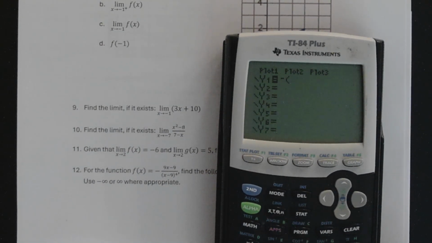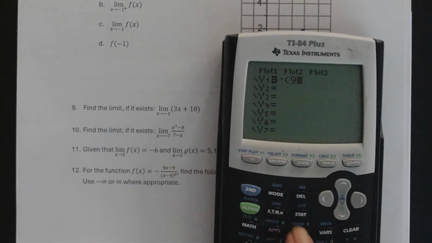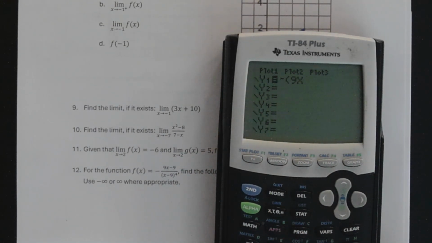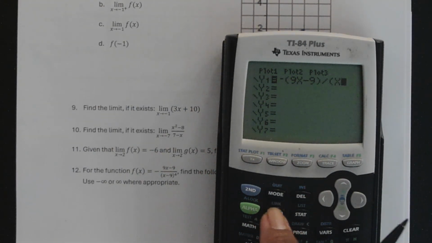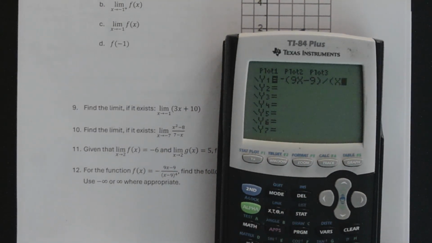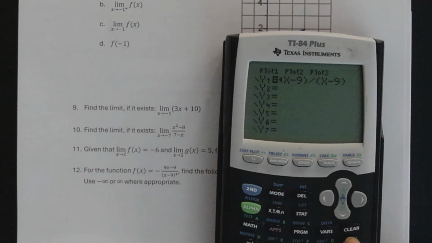So it'll be negative and then left parentheses, 9, x variable key for the x, minus 9, close parentheses. And then that's divided by, the denominator will be in parentheses also, so left parentheses, x variable key for the x, minus 9. Close parentheses, and then to the fourth, we press the hat key and then the number 4.